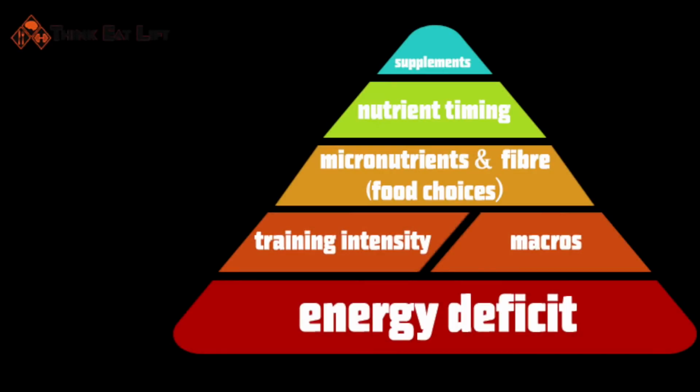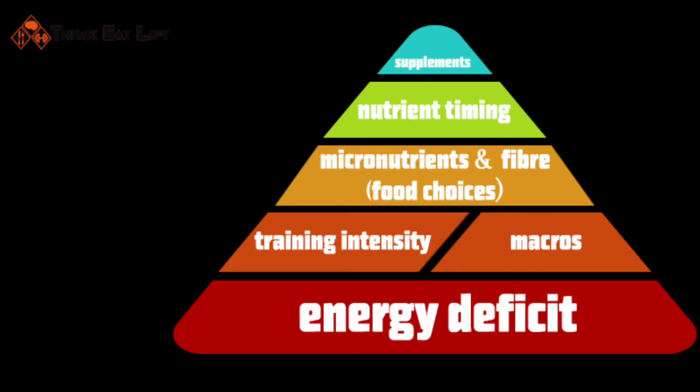So where does most of your results come from? There's this really good pyramid that basically explains where most of your results come from. At the bottom of the pyramid, you see your energy deficit, which is your caloric deficit, is the most important. The caloric deficit is pretty much the primary factor of weight loss or fat loss.